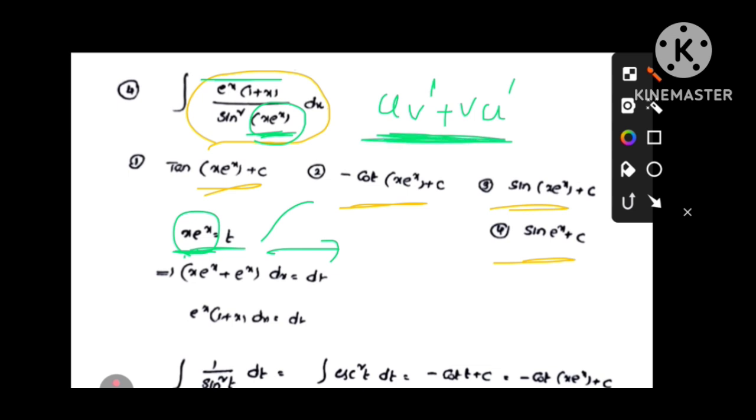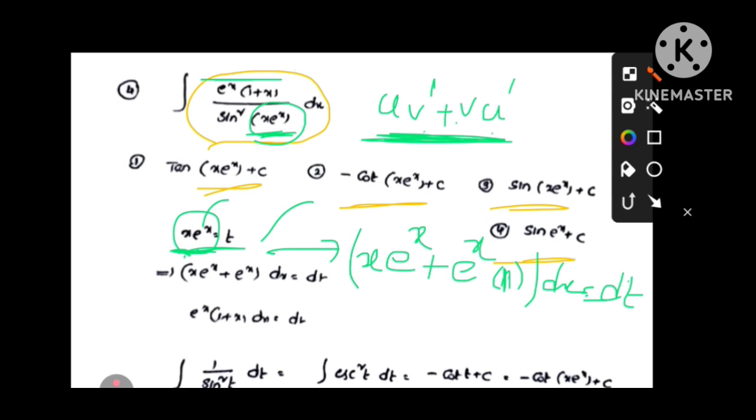This is the formula: x times (e^x)', and the derivative of e^x is e^x, plus v, which is e^x, times u'. What is u? u is equal to x, and the derivative of x is equal to 1. Okay, times dx is equal to dt. This is the derivative value.